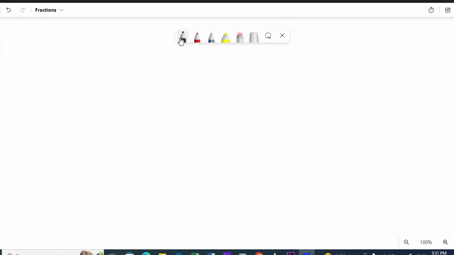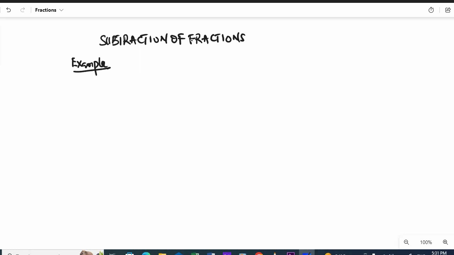So we're now doing the subtraction of fractions. All right, now as done before, we'll be treating examples to help us understand better.